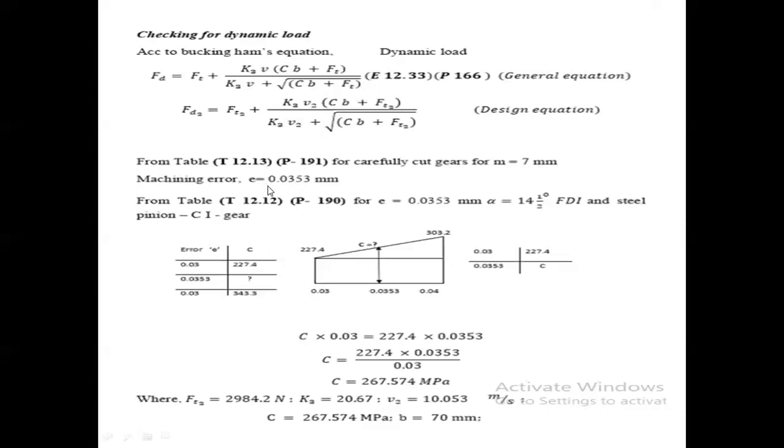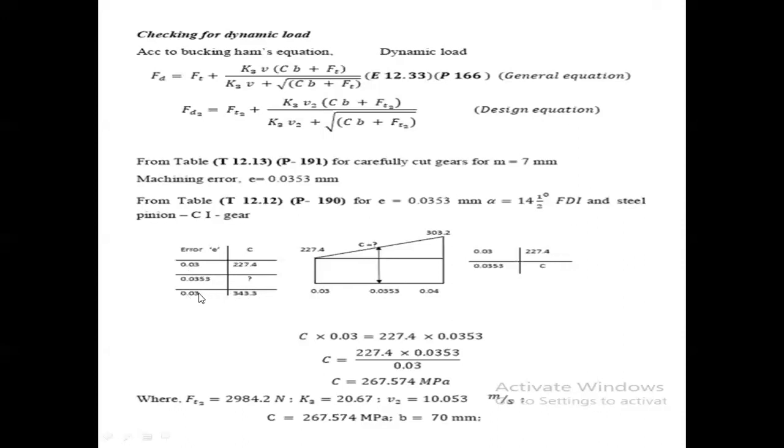Once I have that machining error, the respective value I have to check from table 12.12. For each machining error value, the dynamic factor values are given. In this table, the machining error 0.03 gives 227.4 and 0.04 gives 343.5, the two values I have.